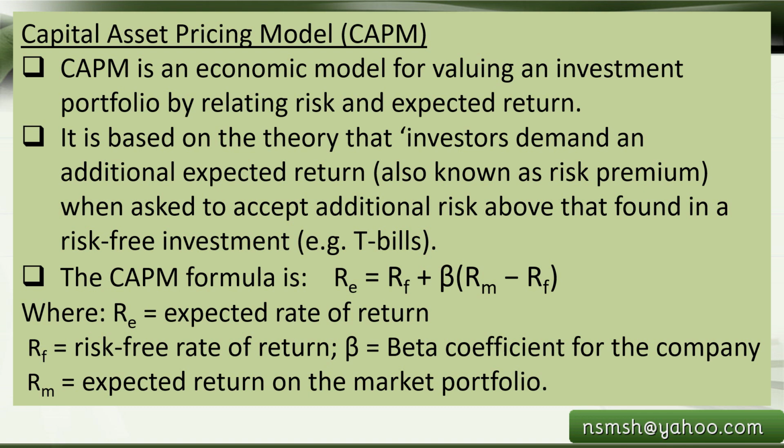To find this, you should take the risk-free rate from the market, the beta level, and the expected return on the market portfolio. So you can arrive at the answer by using this formula.